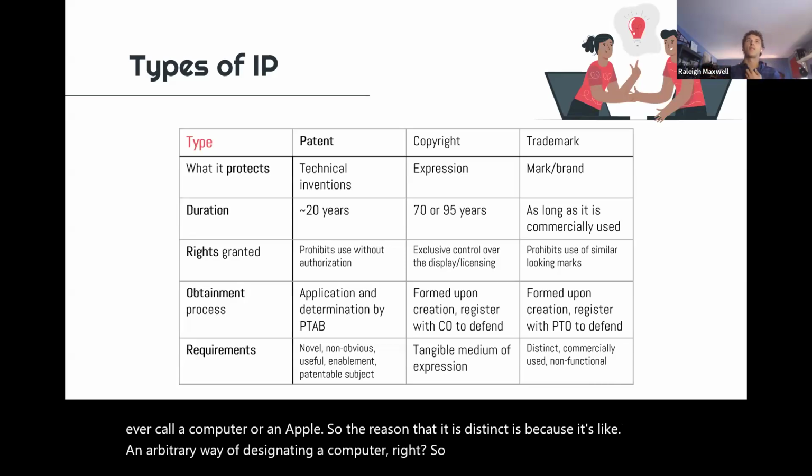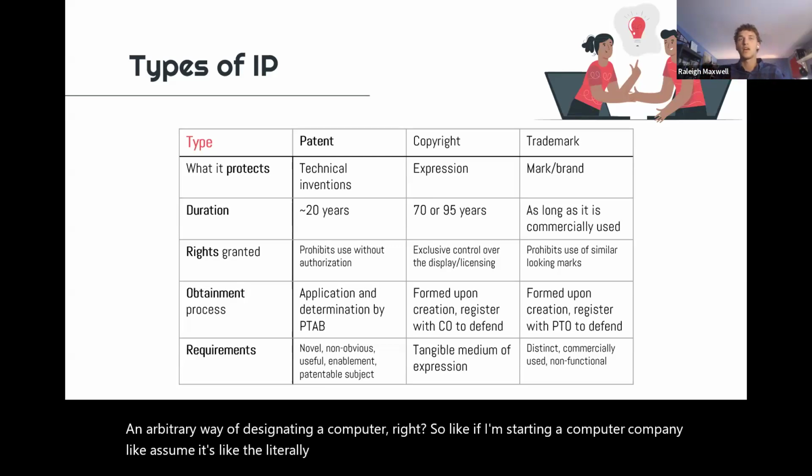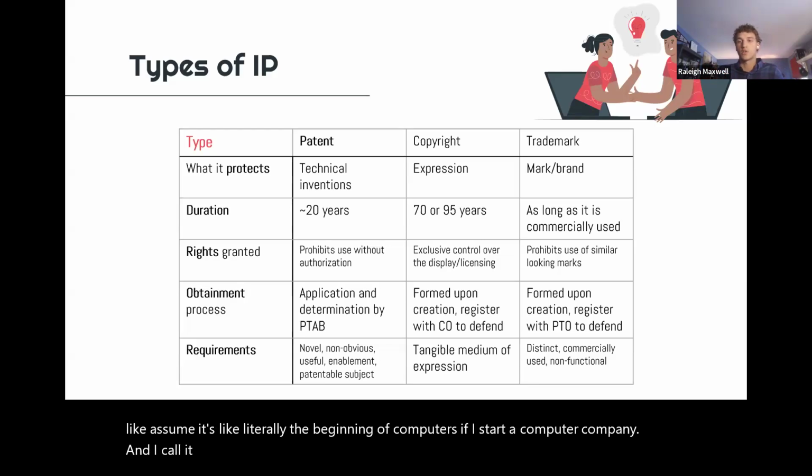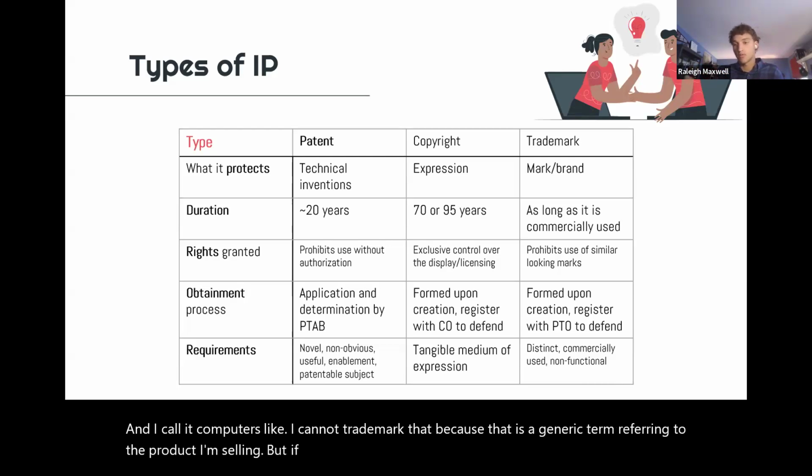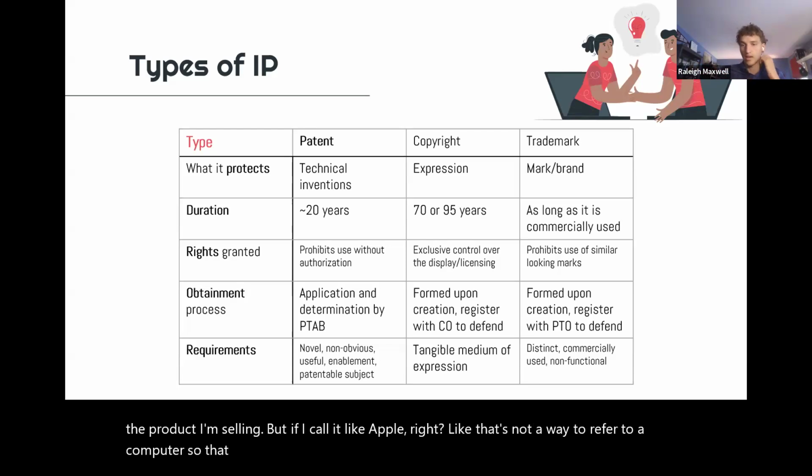If I'm starting a computer company, assume it's literally the beginning of computers, and I call it computers, I cannot trademark that because that is a generic term referring to the product I'm selling. But if I call it Apple, that's not a way to refer to a computer. So that is still a distinct way of trademarking.